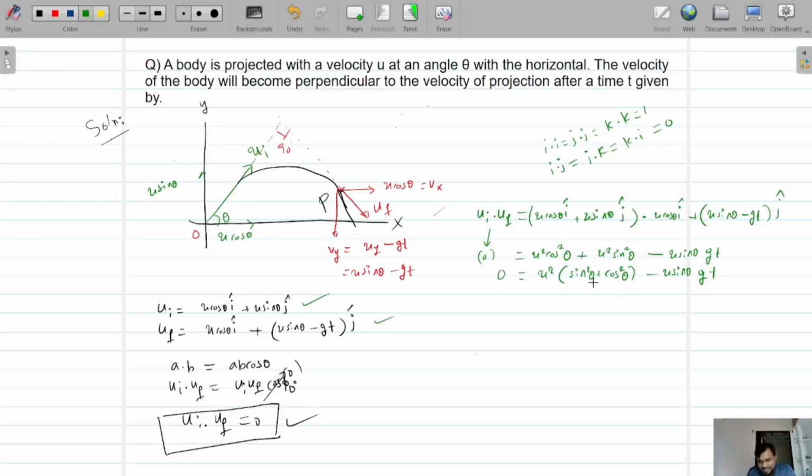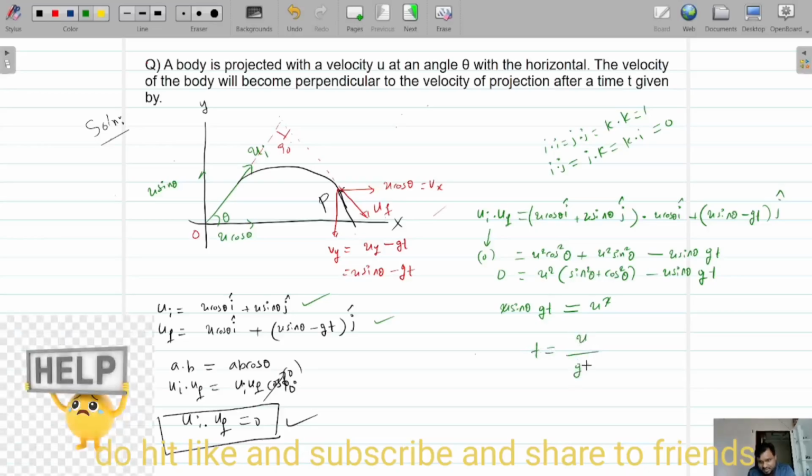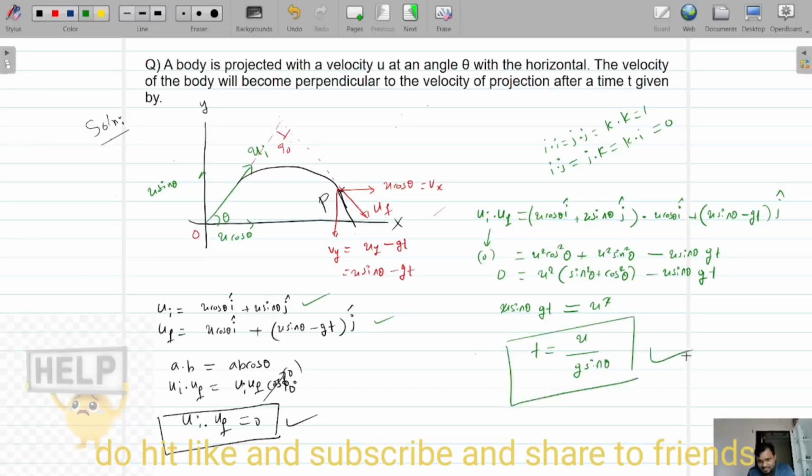This is the trigonometric identity, equal to 1. So finally u square minus u sin theta gt is equal to 0, so u square will come. Understand? Here one u gets cancelled. So finally time t is equal to u by g sin theta, that is the final answer. Thank you.